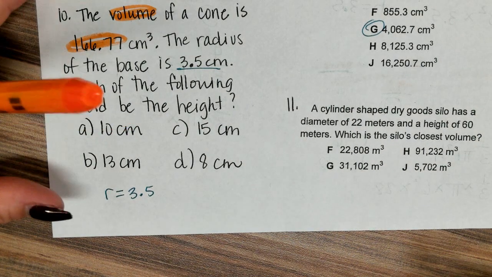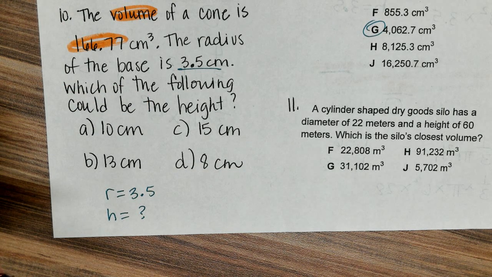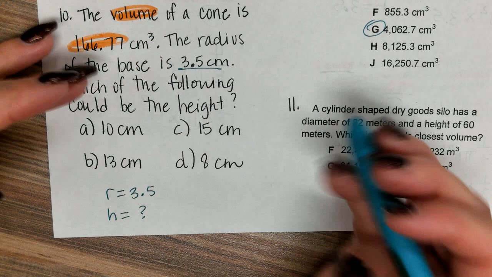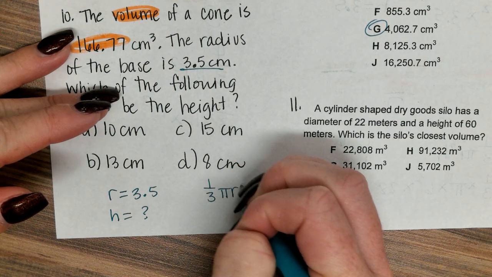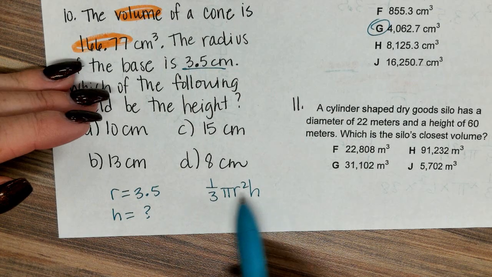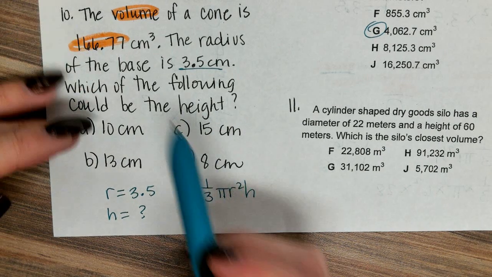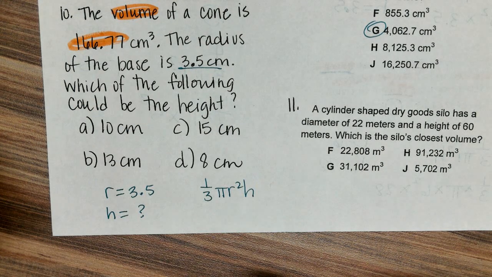What is the height? I don't know it. Could you use the answer choices to check them out? Yeah, so the formula for volume of a cone is 1/3 pi r squared h. So all you had to do was do this formula and try each answer as the h to see which one gives you that answer, right?